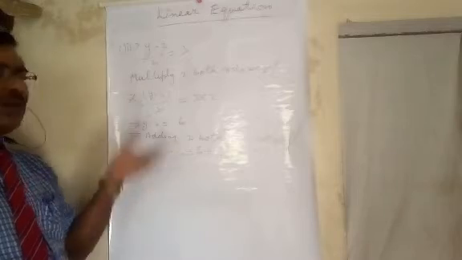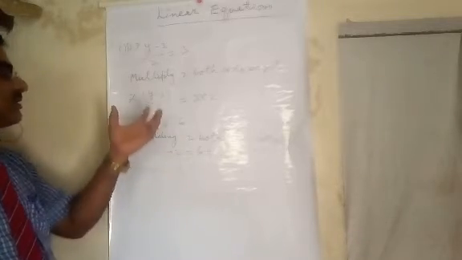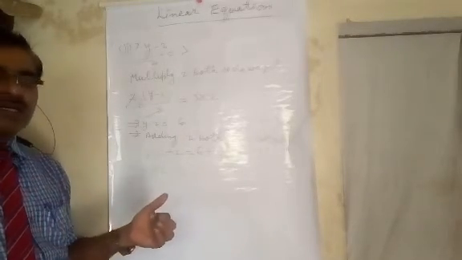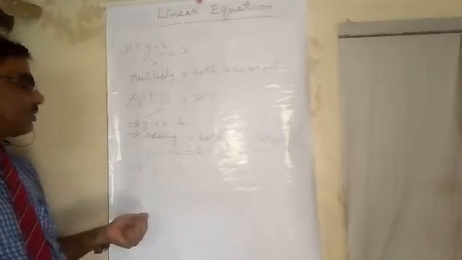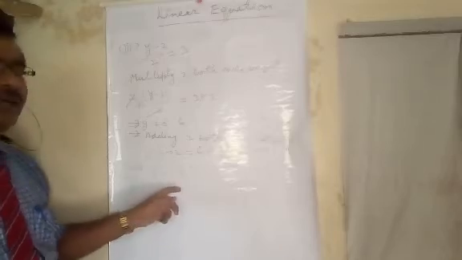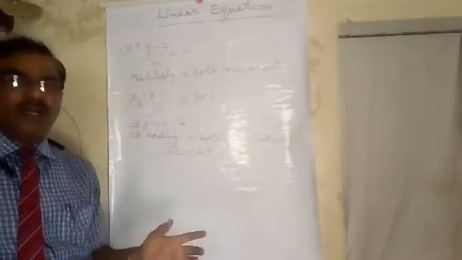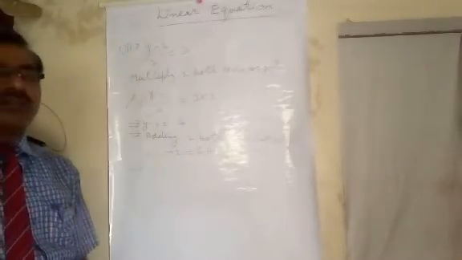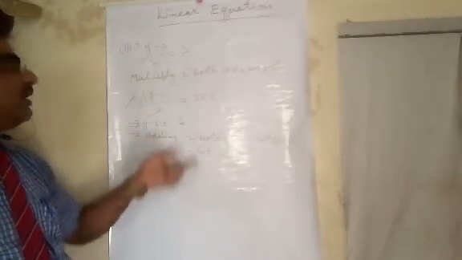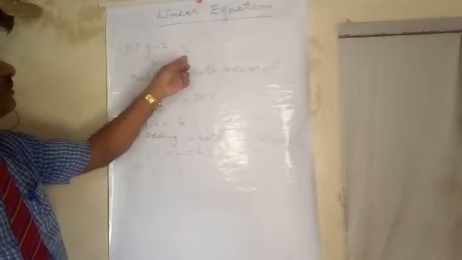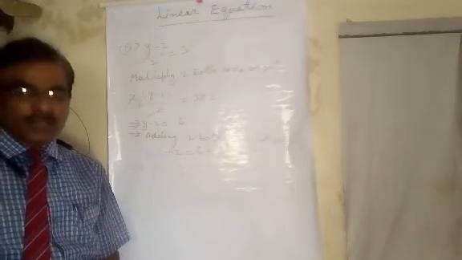But how will I check this solution, that our answer is correct or not? So I will put y equal 8 in the left hand side. If we find 3, then our answer is correct. If we do not find 3, then our answer is wrong.